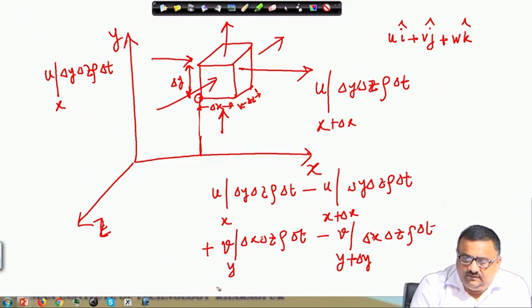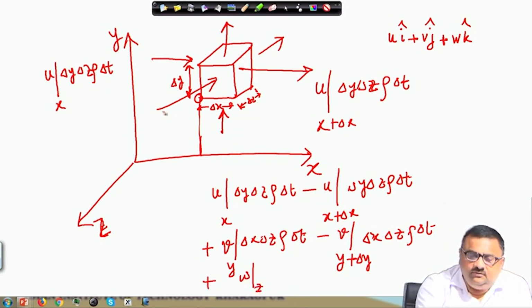Similarly, you will have another term with w, which is w at z. Actually, we have drawn it in the reverse direction, which we should not have done. Let us say this is in and this is out.